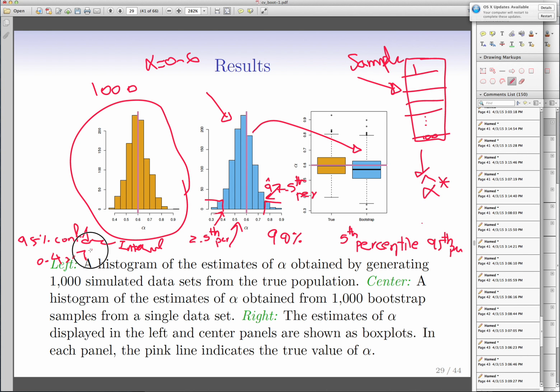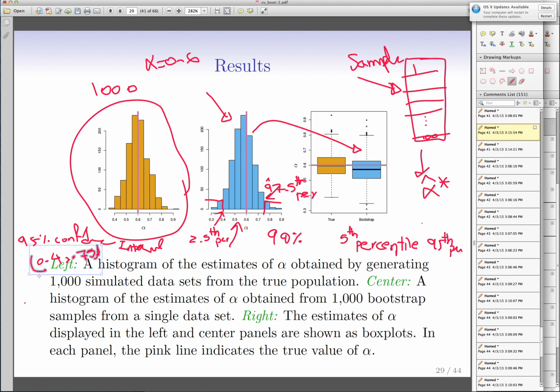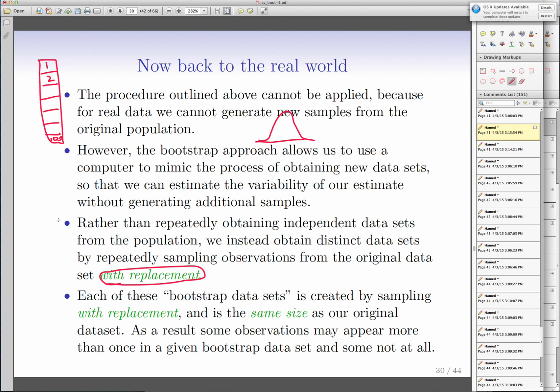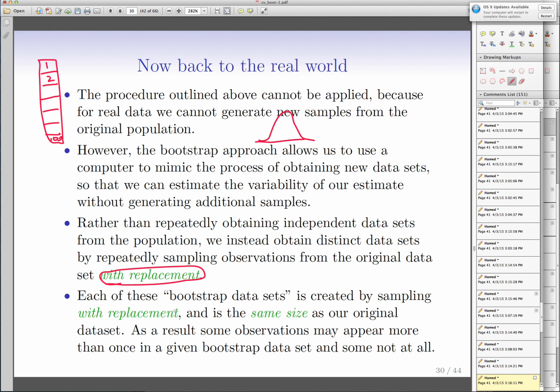So with 95% chance, the real alpha, the real proportion that we have to spend, the optimal one, is between 0.4 and 0.75. How do I get this 2.5 and 97.5 for 95% confidence? It's easy. Let me explain it in perhaps the next slide.